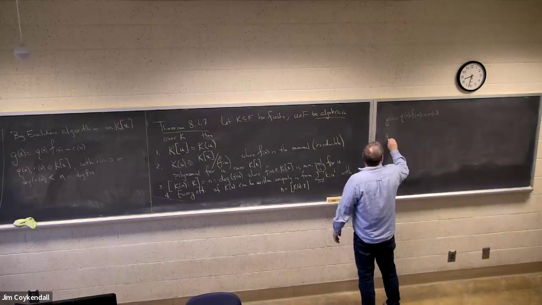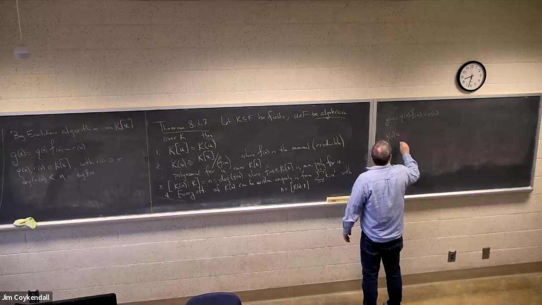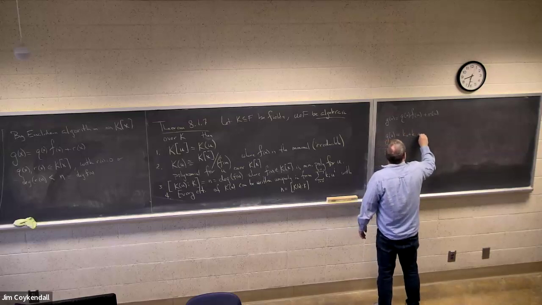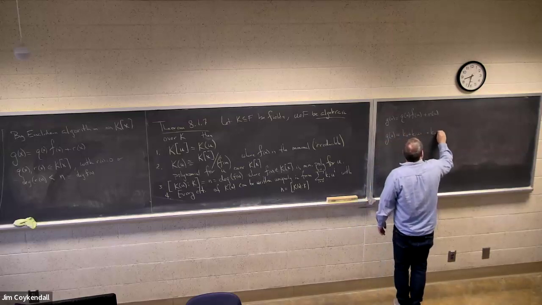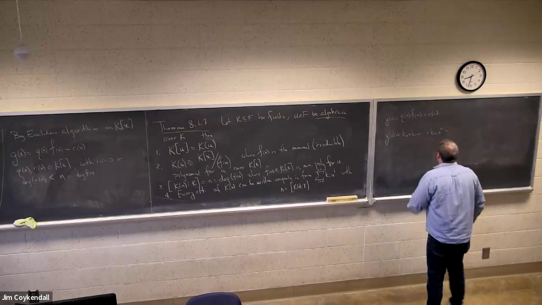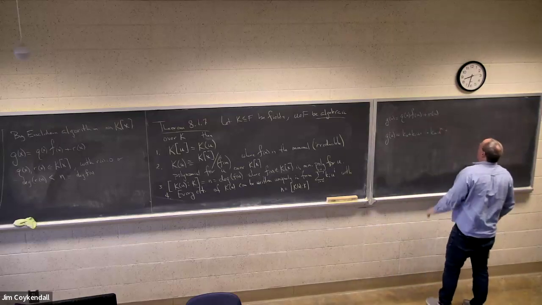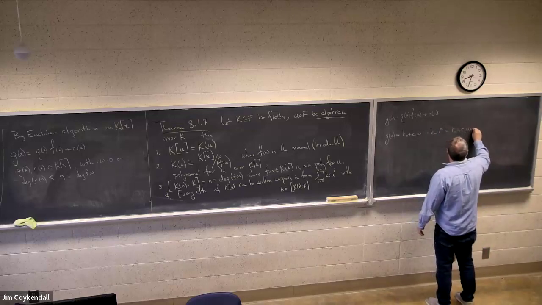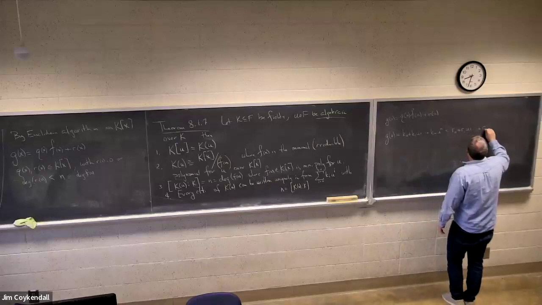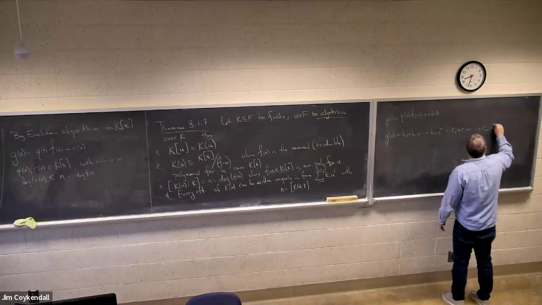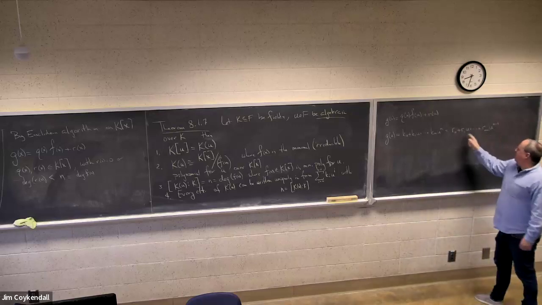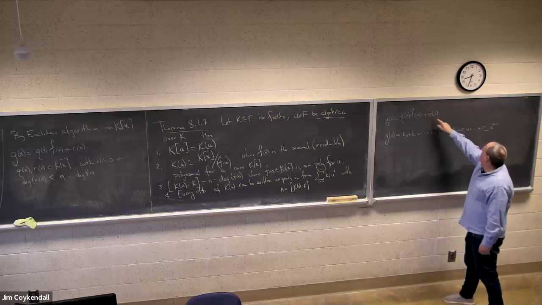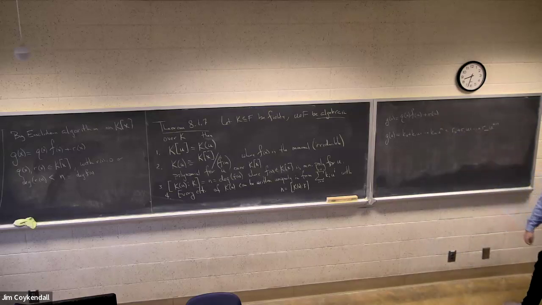That is, G of U, which is k0 plus k1 U plus up to km U^m, is equal to this thing here, which is, let's say, r0 plus r1 U plus up to r(n-1) U^(n-1). Because either all the coefficients are 0, which is okay too, or this has degree at most n minus 1.